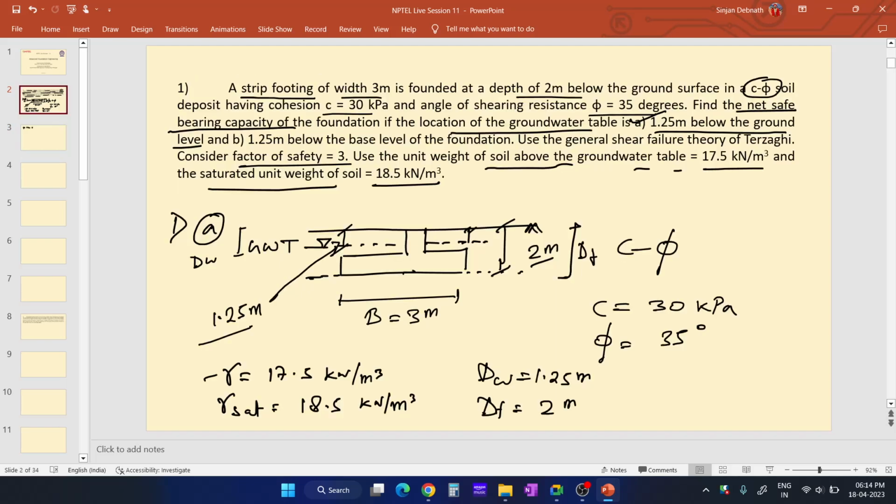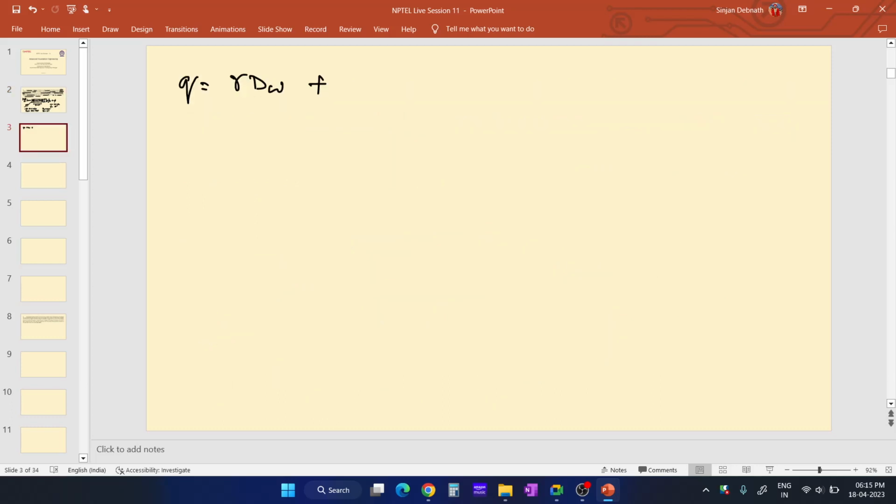Plus, now this depth is df minus dw, and the unit weight is the submerged unit weight, because it is submerged under the water. So df minus dw into submerged unit weight, which is gamma sat minus gamma w.